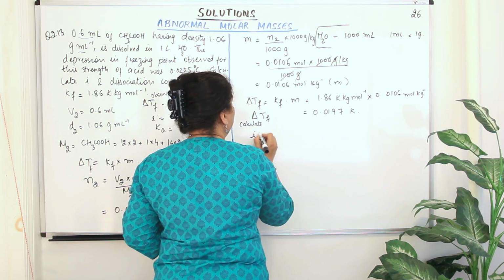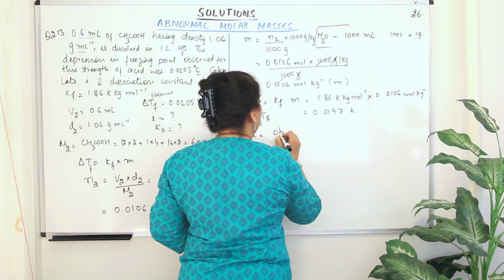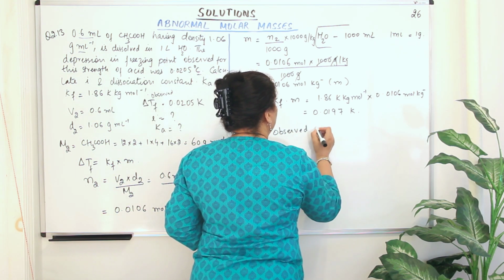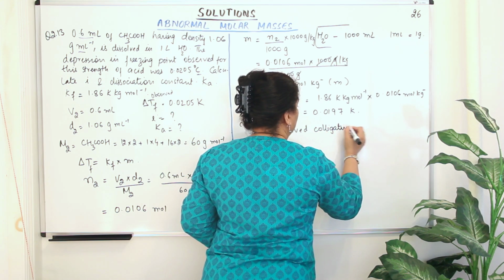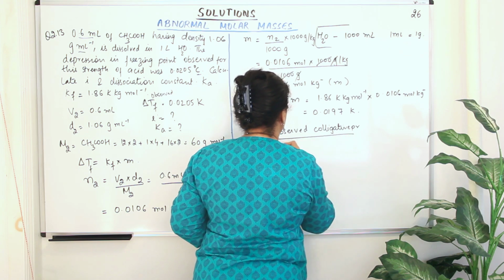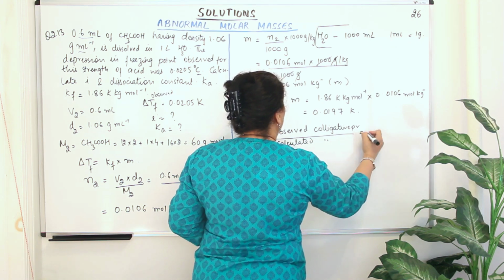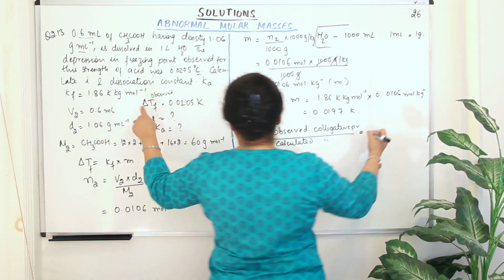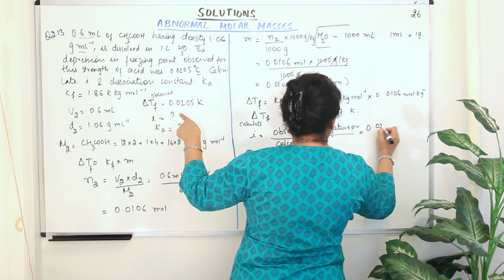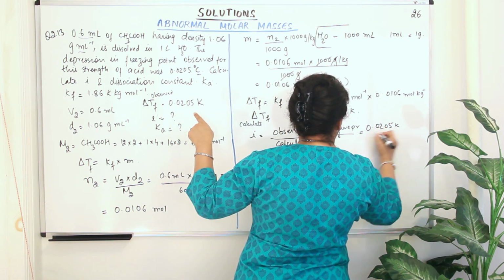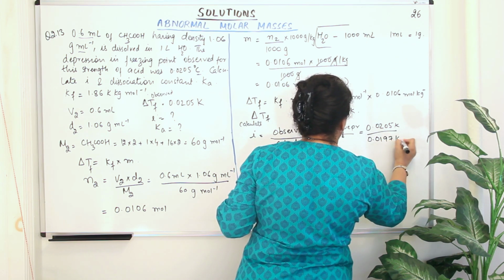And what is van't Hoff factor? Van't Hoff factor is the observed colligative property upon the calculated colligative property, which is equal to, what was the observed colligative property that was given to us? 0.0205 Kelvin divided by 0.0197 Kelvin.